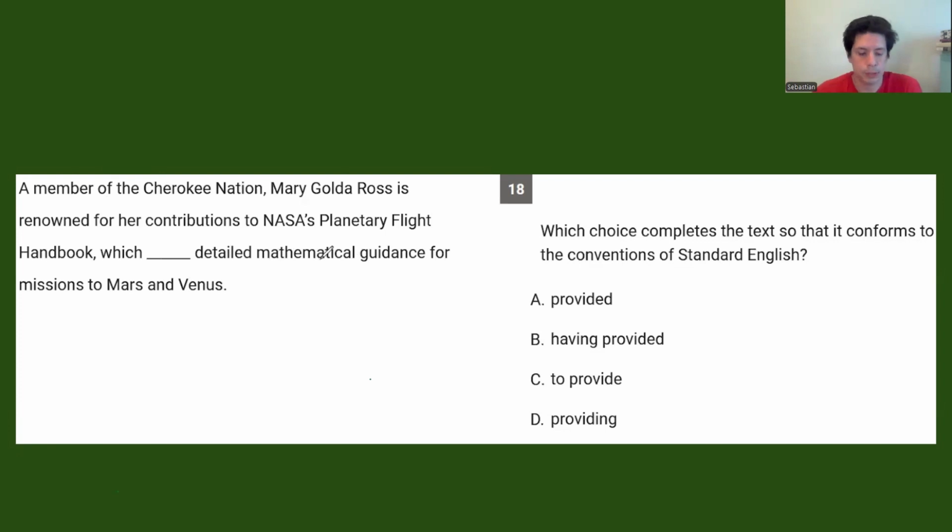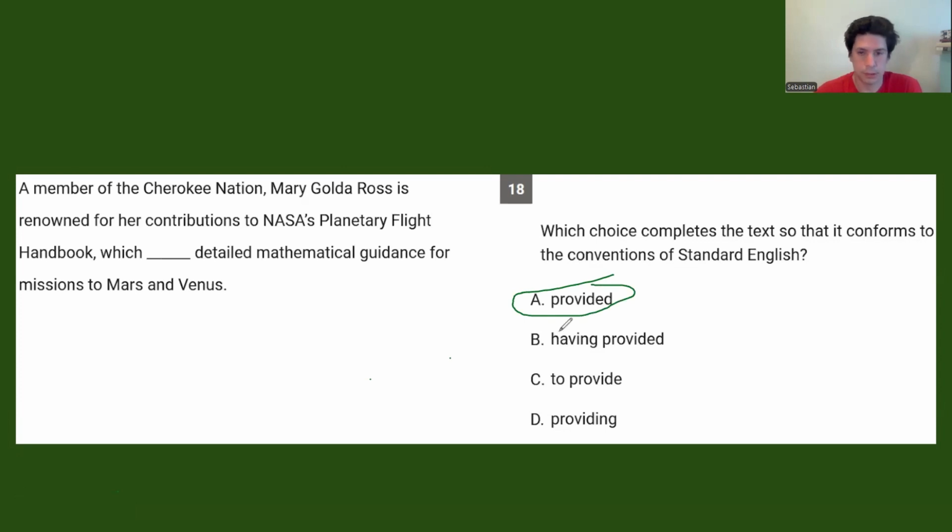Okay. Which, what did it do? Which to provide would no, or providing no. It's singular and it would be which provided, because that's in the past tense. I did this in the past. So we're going to go with A. It's not any of the other ones.